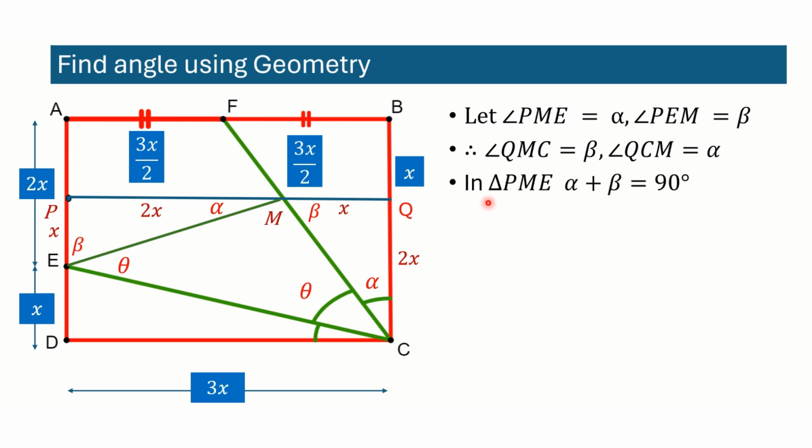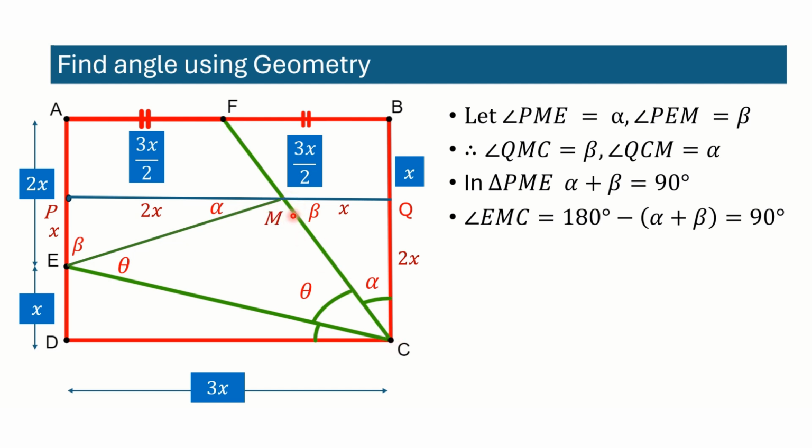Now if you consider triangle PME, what is the value of alpha plus beta? Because this angle is 90, this plus this has to be 90, because the sum of angles in a triangle is equal to 180. So alpha plus beta is equal to 90 degrees. Now what is this angle EMC?